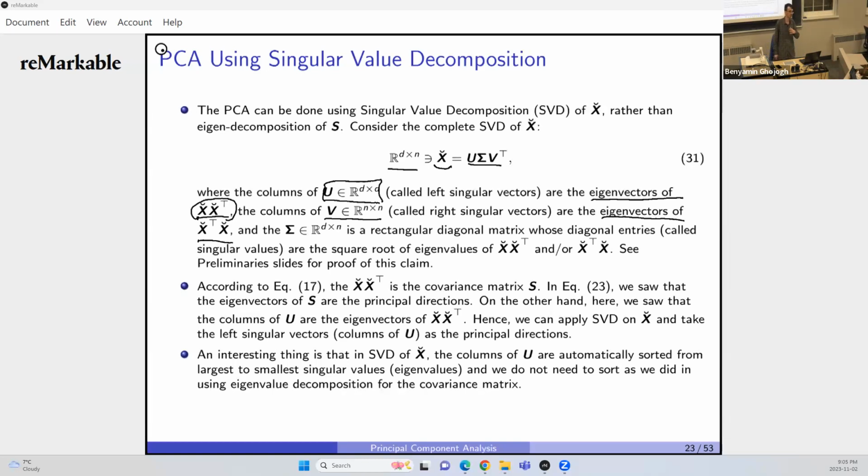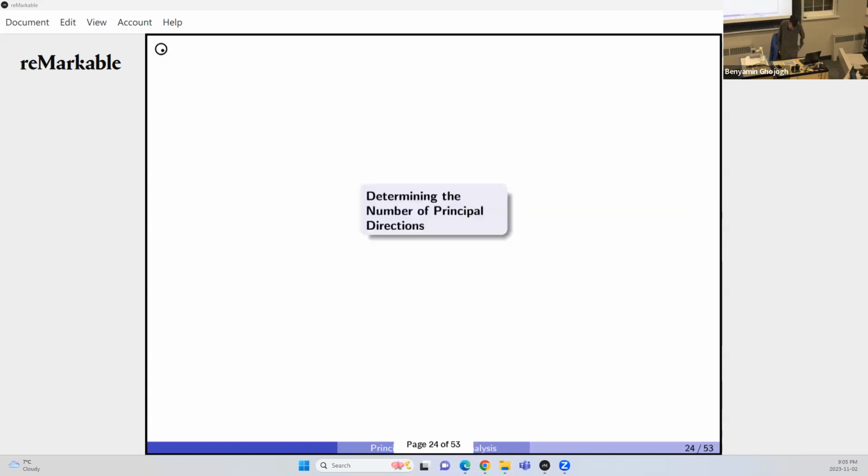SVD sorts eigenvectors. So we talked about PCA using eigenvalue decomposition, also PCA using singular value decomposition.